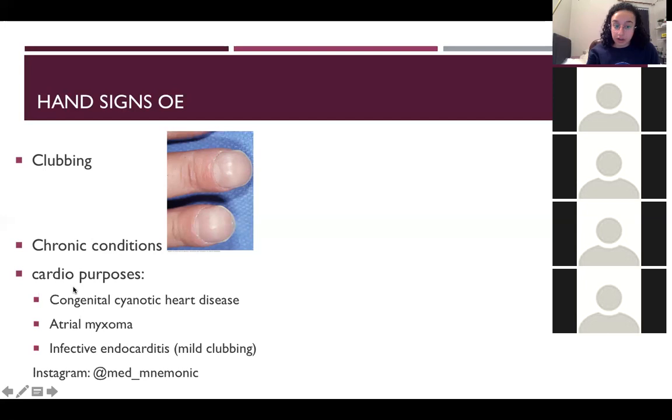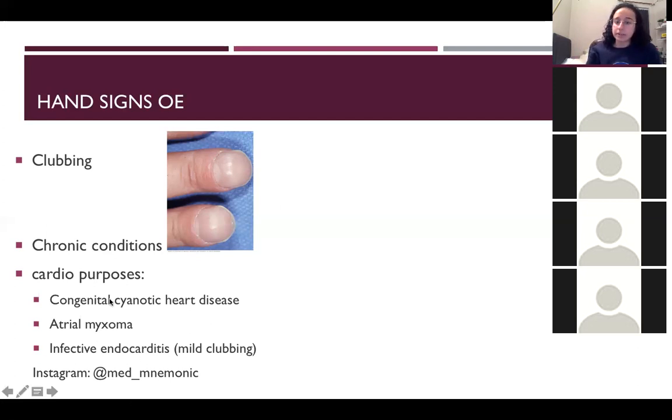For cardio, congenital cyanotic heart disease is a big one, and also an atrial myxoma, which is a non-malignant tumor of the atria. It's very specific, very niche, but if they ask you in an exam what the cardiac causes of clubbing are, just say atrial myxoma, and that would be fine.